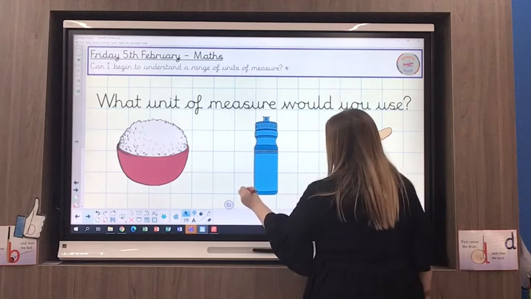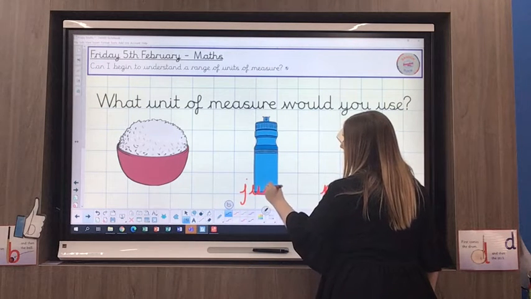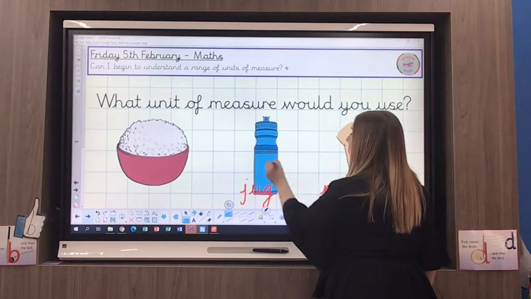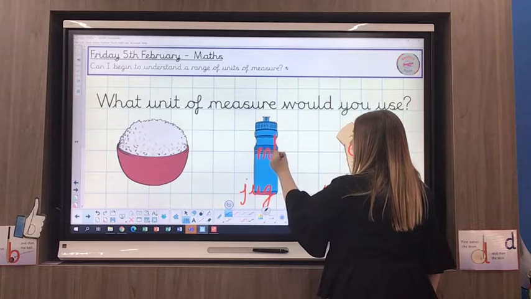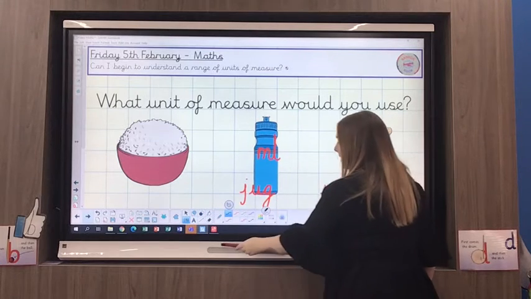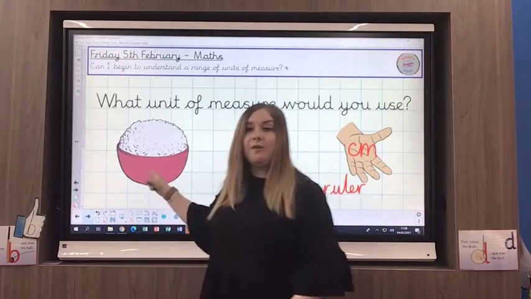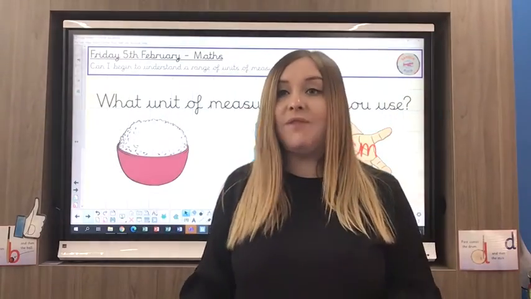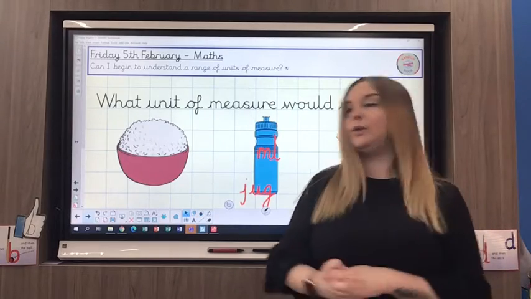So I would use a jug, J or G, and I would do it in millilitres. And the last one then, Year 4, so here I've got a big bowl of food. If I wanted to know how heavy that bowl of food was, what would I use?